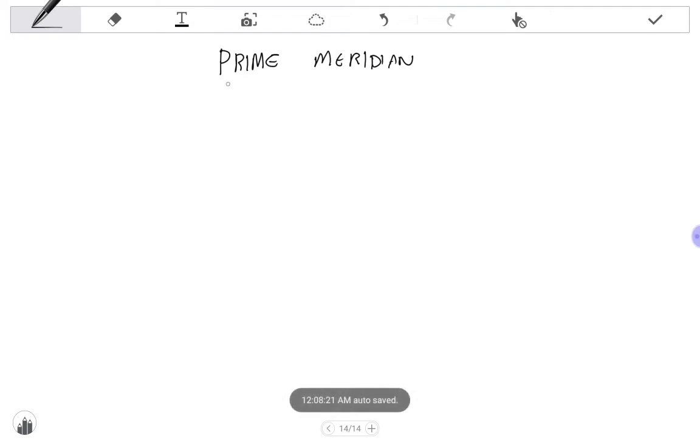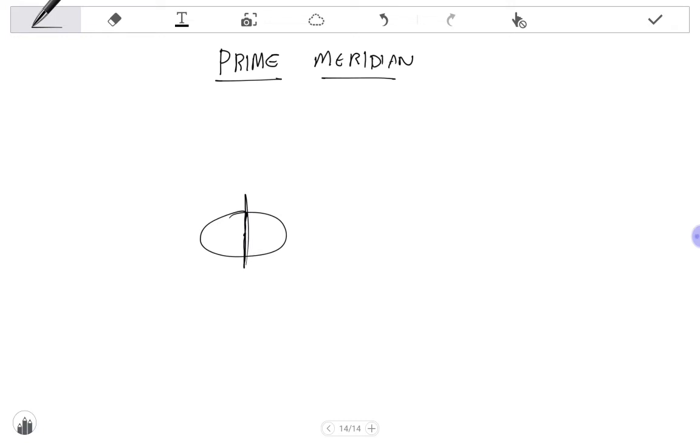So what is prime meridian? We know on Earth there is a place called Greenwich, and the longitude passing through that place is called the Greenwich Meridian. That meridian is considered as 0 degree longitude, so anything to the right side of that is called east, and the left side is west, correct?